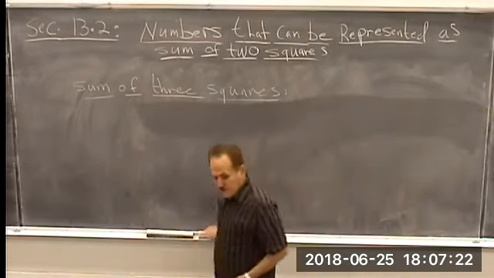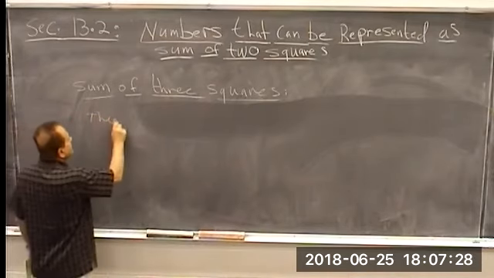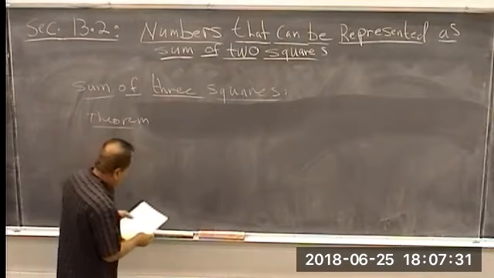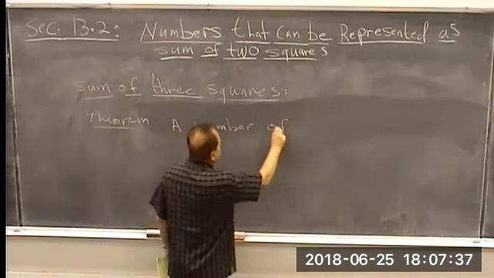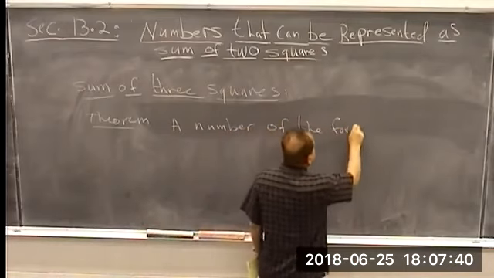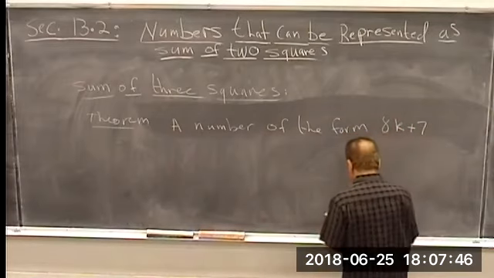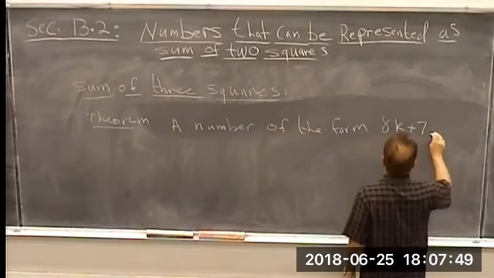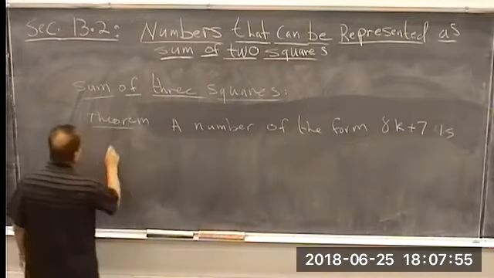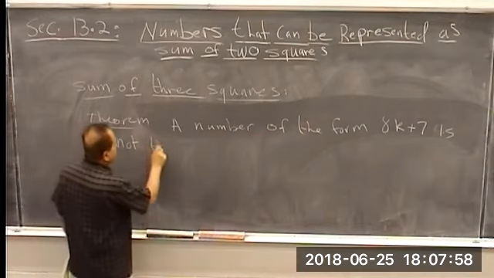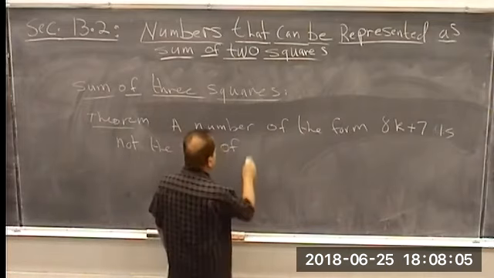Well, we have this theorem, all right, which says a number of this form, 8k plus 7, cannot be represented, is not the sum of 3 squares.